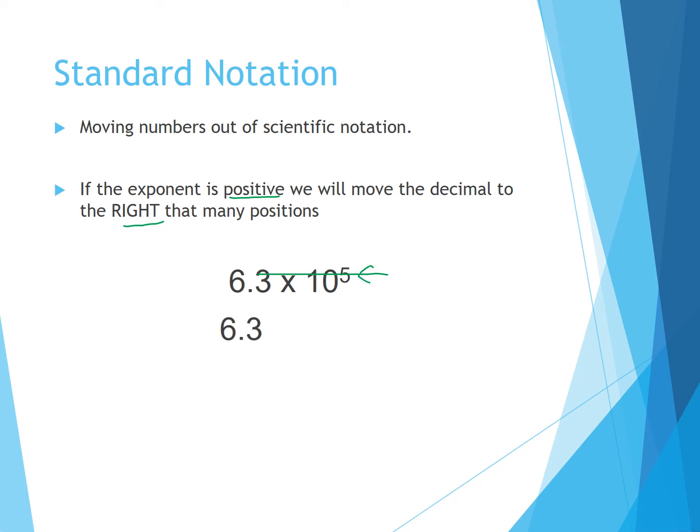So we're going to take 6.3. We're going to move the decimal point 5 times. And then where all of those bumps are, we don't have a number, so we're going to put zeros in. And that becomes 630,000.